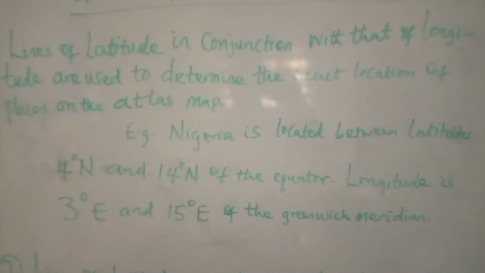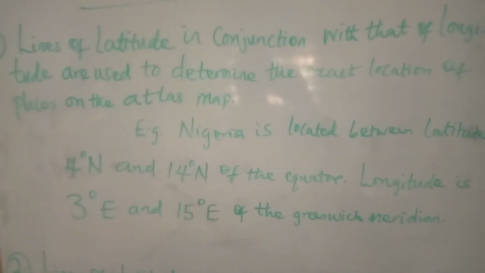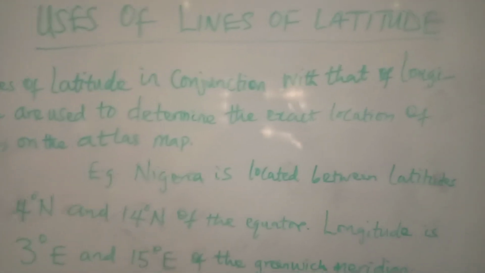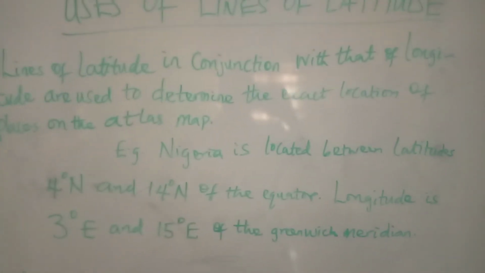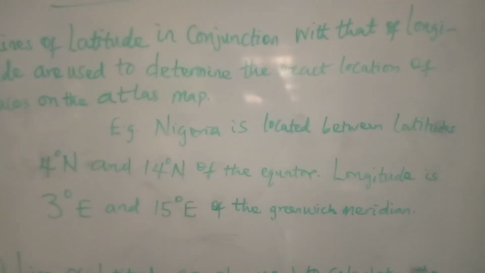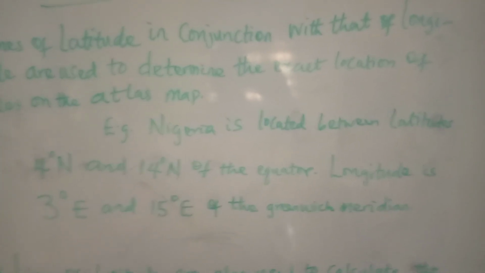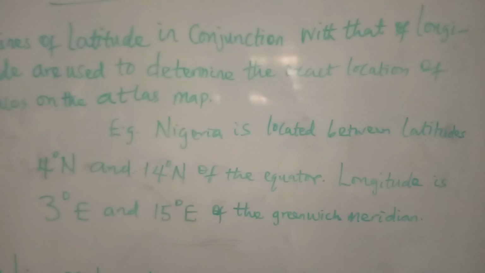For example, Nigeria is located between the latitude of 4 degrees north and 14 degrees north of the equator, and longitude 3 degrees east and 15 degrees east of the Greenwich meridian.